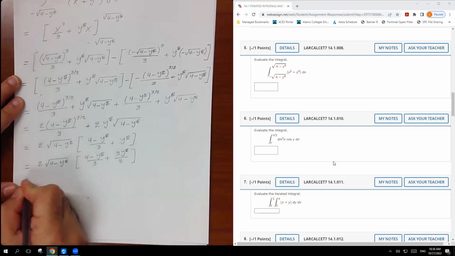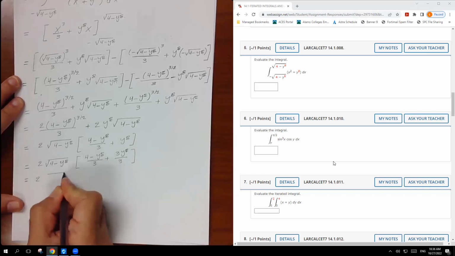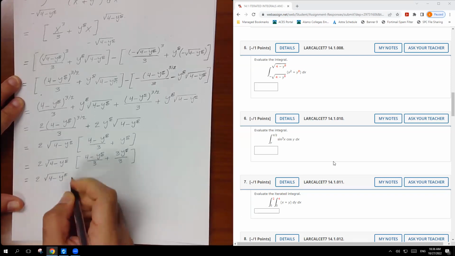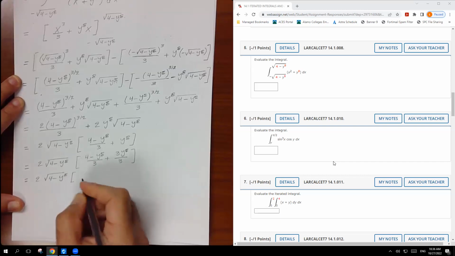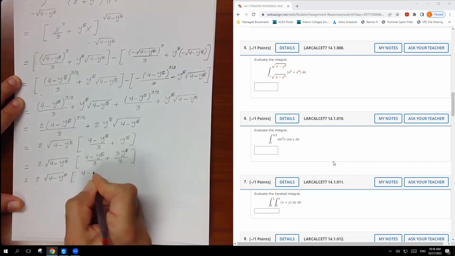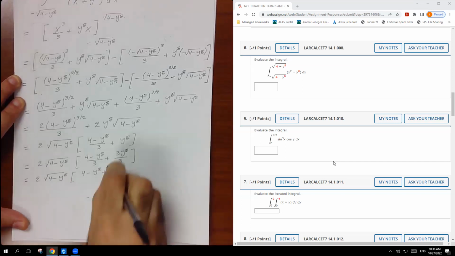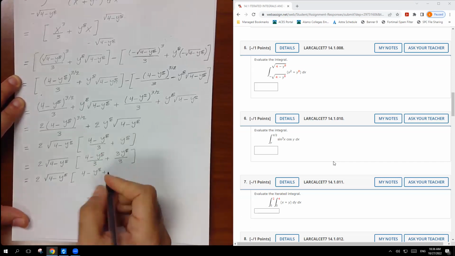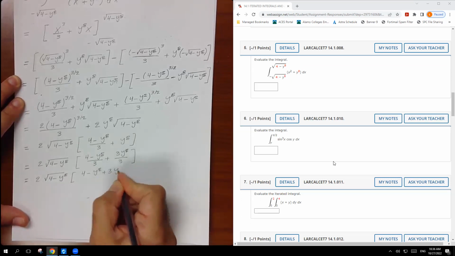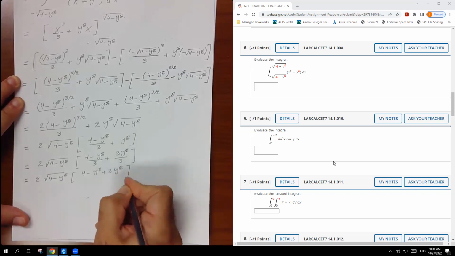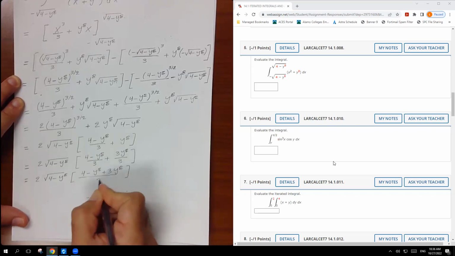Let's write down here: 2 square root of 4 minus y to the power 8, and here is going to be 4 minus y to the power 8 plus 3y to the power 8, and everything divided by 3.